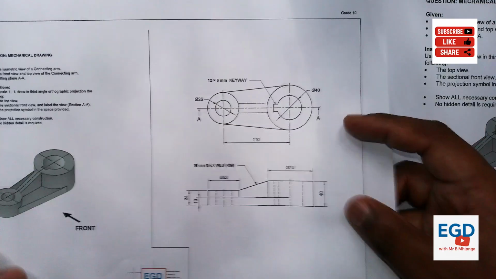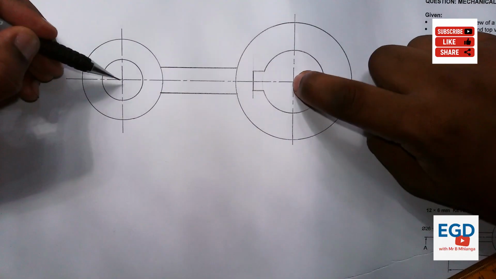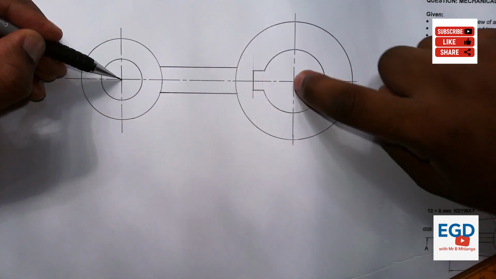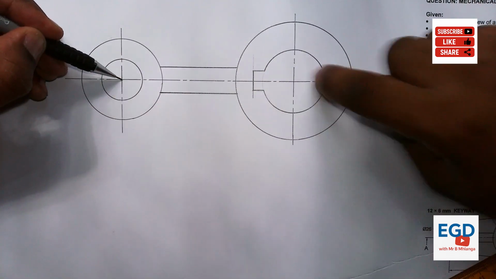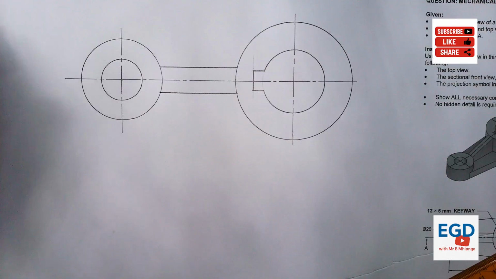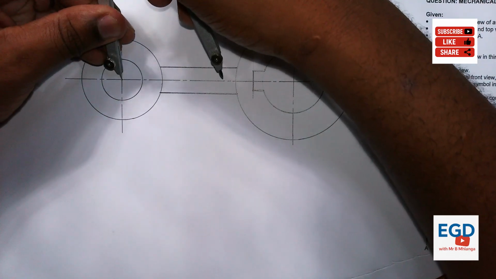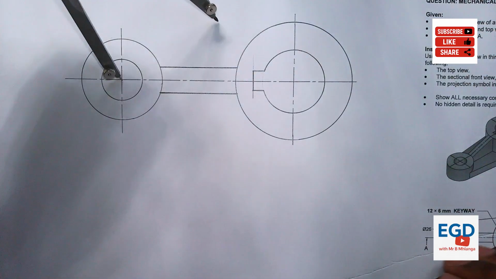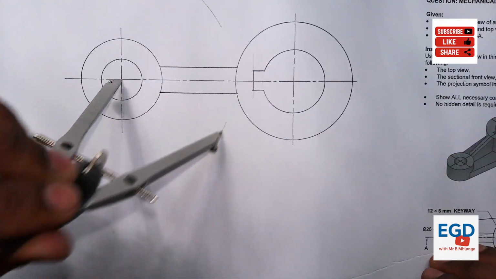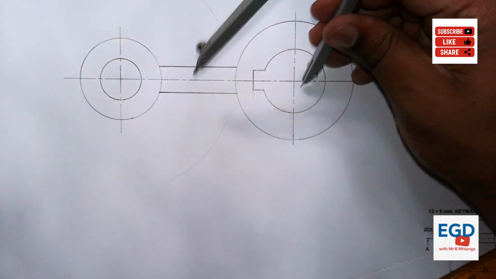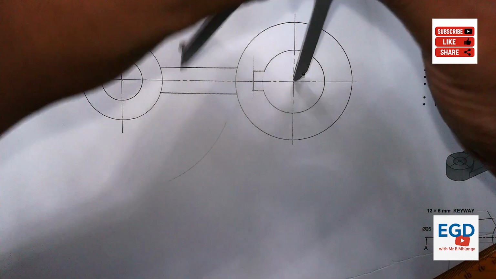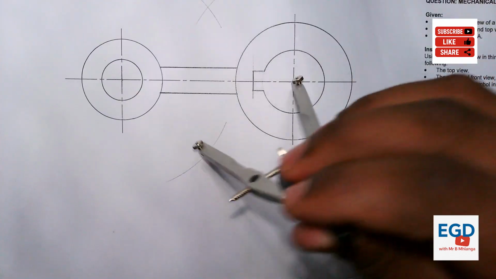Obviously I have the center points of the two circles. I will have to bisect the line from this center point to the other center point. I'll take my compass, place it there, and draw an arc up there and an arc down here. Then I'll move my compass to the other center point and do the same thing, drawing an arc there and an arc there.